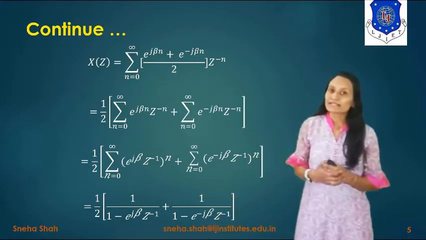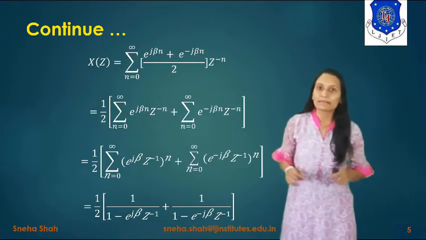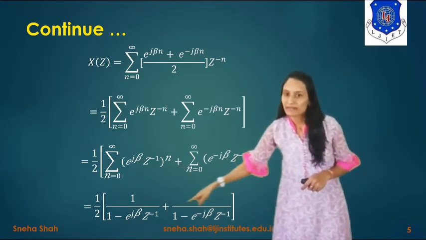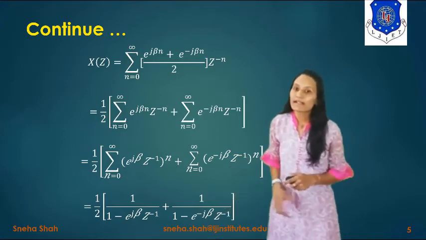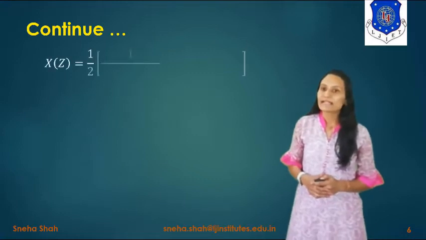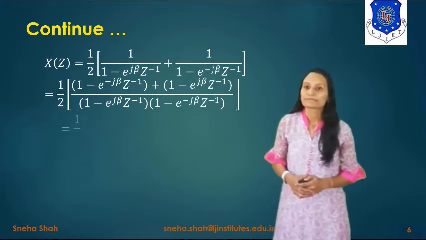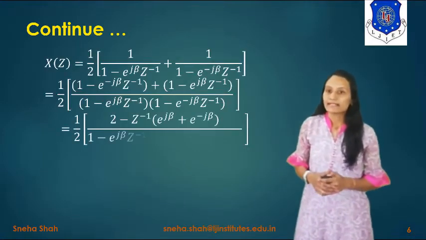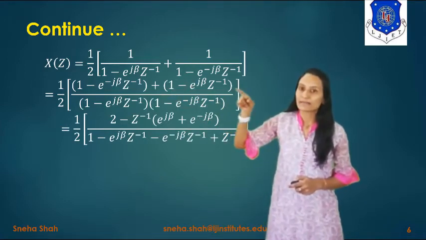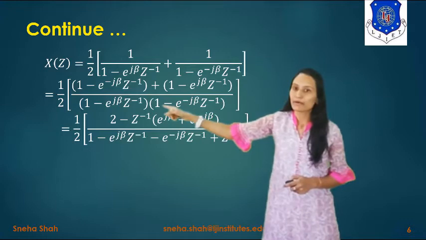Now we have to simplify this by cross multiplication of these two terms. So this term multiplies over here and this term multiplies over here, divided by both the terms. Right. So the next step is X of z equals 1 by 2, [1 minus e raised to minus j beta z raised to minus 1 plus 1 minus e raised to j beta z raised to minus 1] upon both the terms.